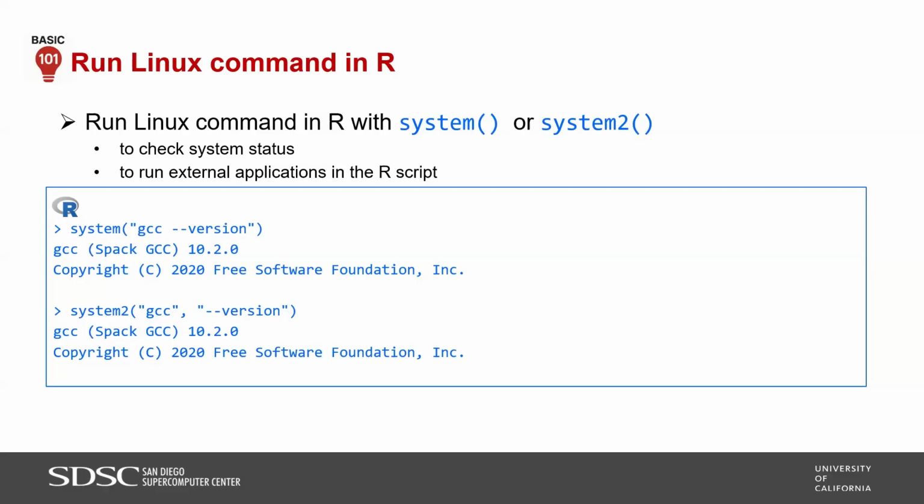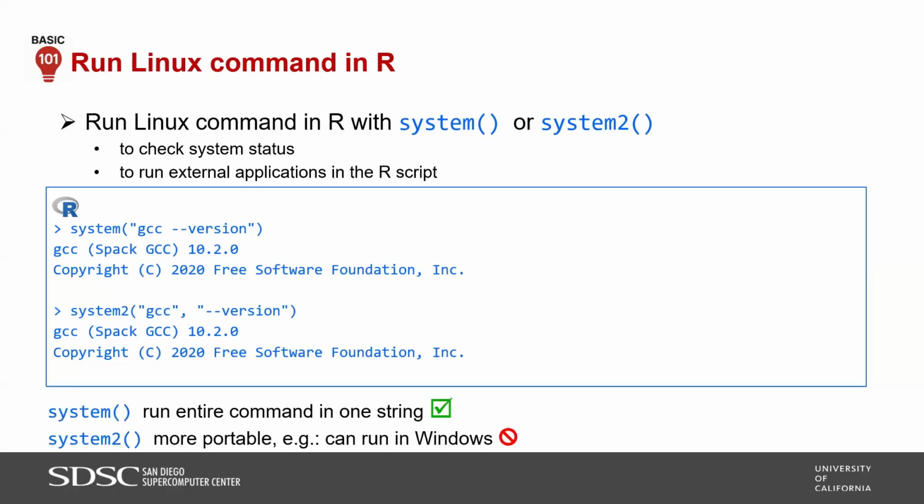To run them is quite simple and straightforward. You just include the Linux command you want to run in those functions, and it will return the output. So here are some differences between the system and the system2 functions.